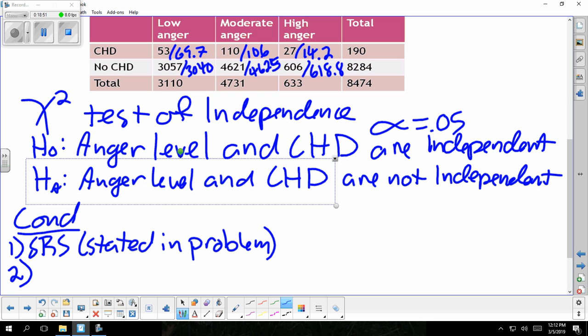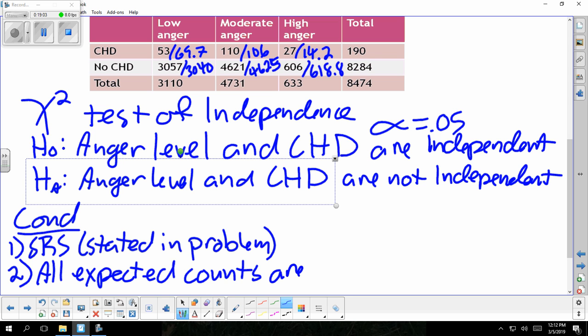So my expected counts are in the table. All expected counts are greater than or equal to 5. See table.